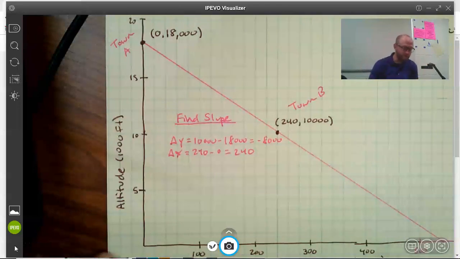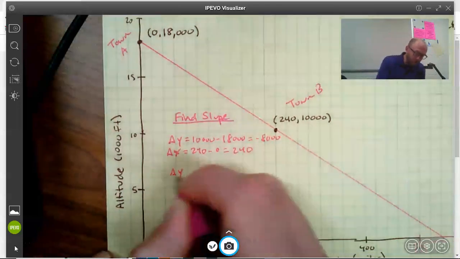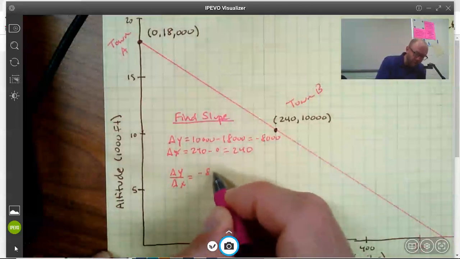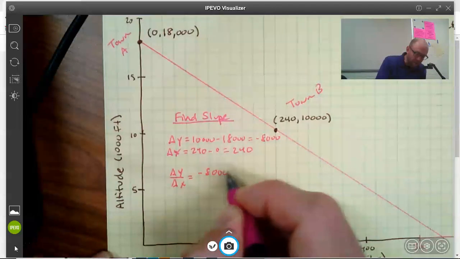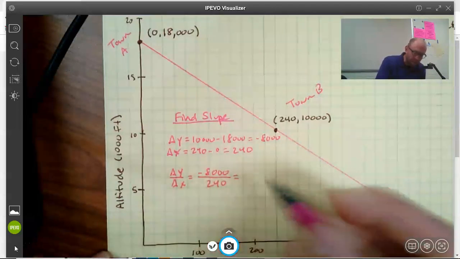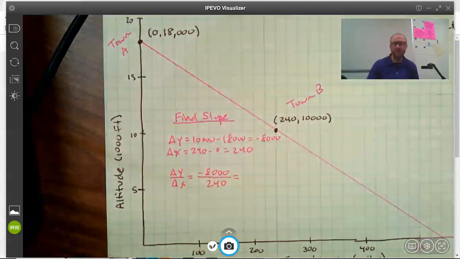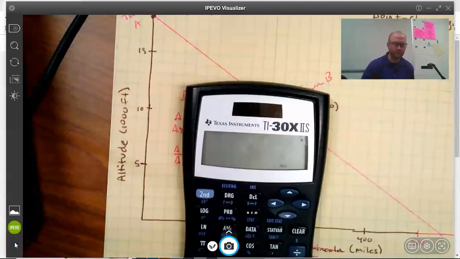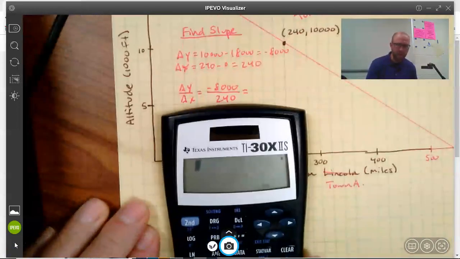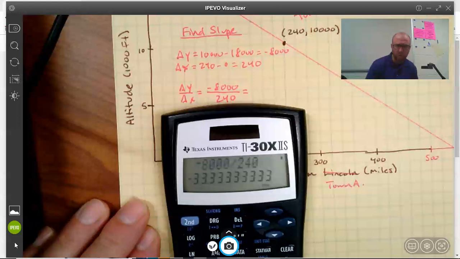That'll be our rate. So change in y over change in x is negative 8,000 over 240. I don't feel like doing that in my head, so I'm going to get a calculator. All right, I have my calculator. So we had negative 8,000 divided by 240 gives us negative 33, and 3 repeating.